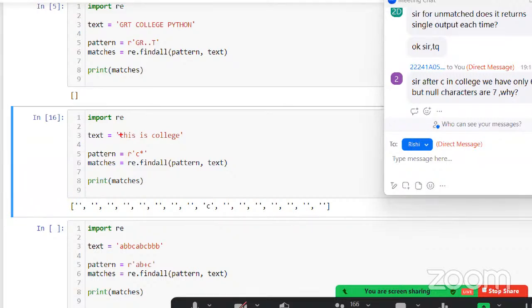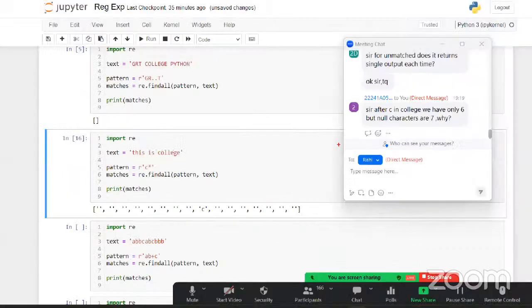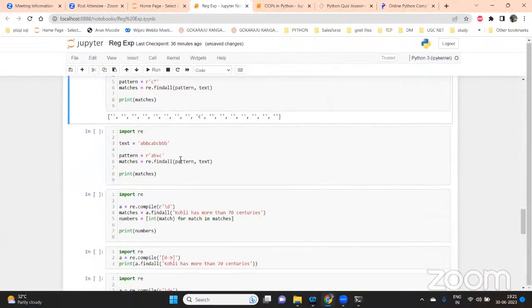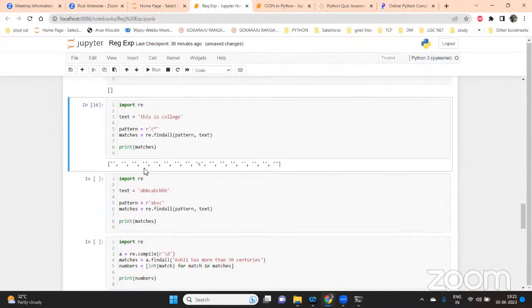Yeah. So here 1, 2, 3, 4, 5, 6, 7. This is the base 8. Then C is matched. O is unmatched. LL unmatched. E. So after C, how many should come? 1, 2, 3, 4, 5, 6. End of the string. For the end of the string, it is giving 7. It is because of the end of the string.